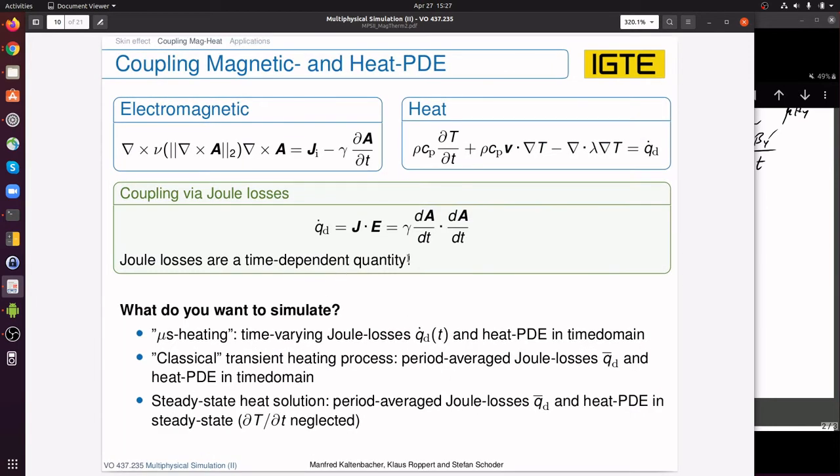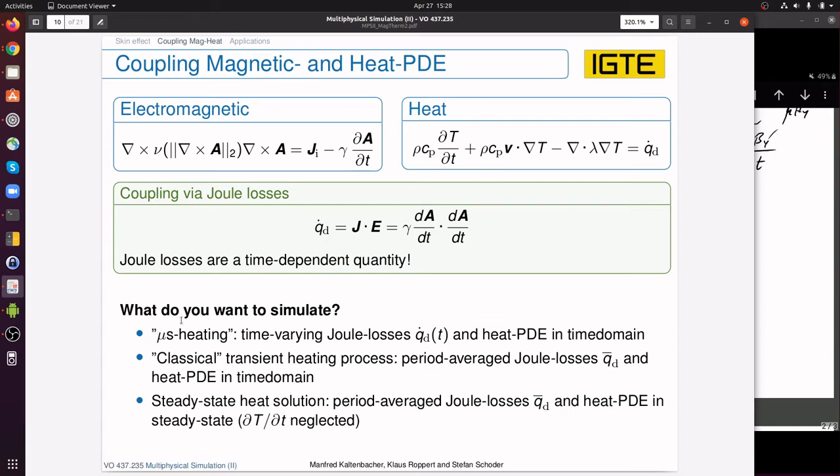The question that arises now is, what do you actually want to simulate? That's especially cumbersome if you consider the timescale differences between your electromagnetic problem and the time constants in the temperature problem. So if you have some very thin layers that you want to heat up, I simply call it microsecond heating.